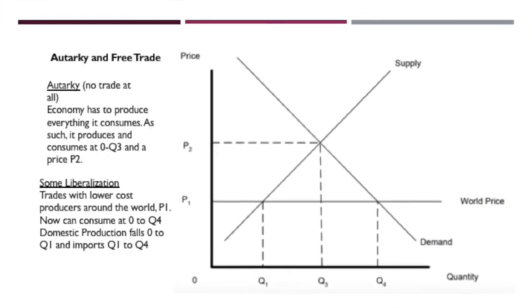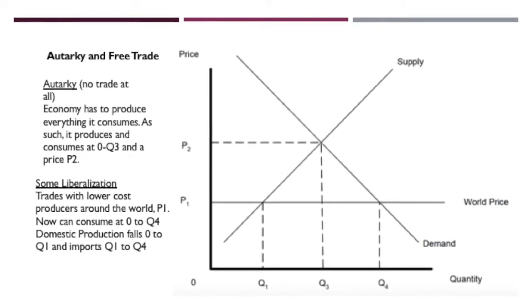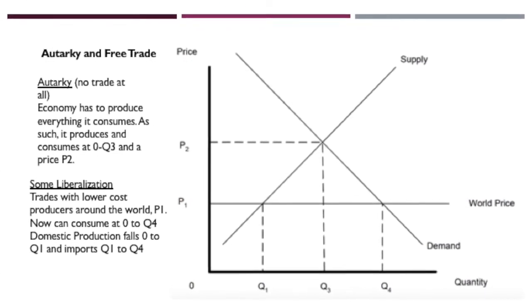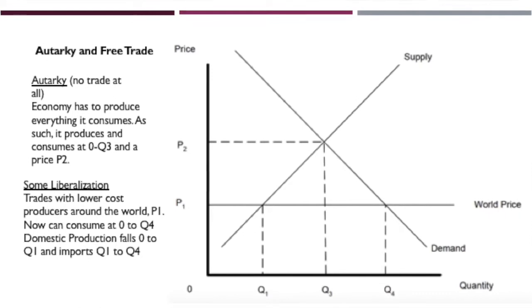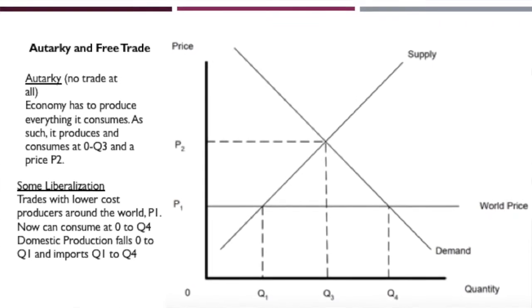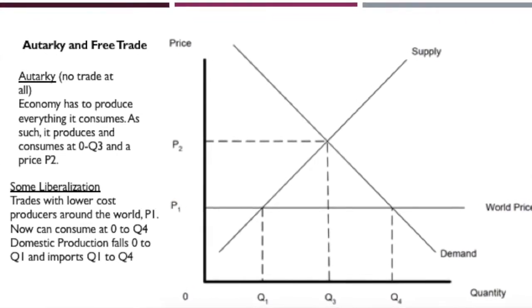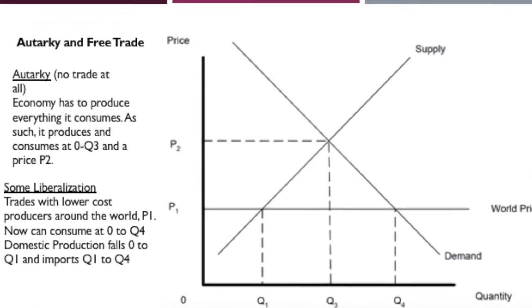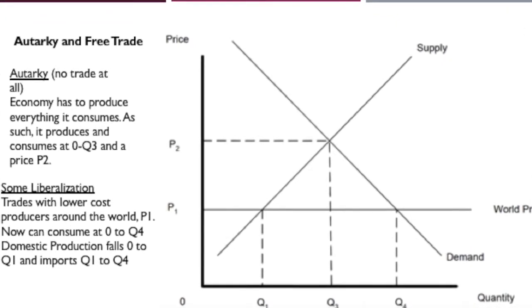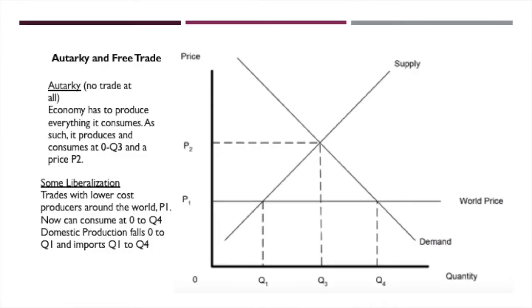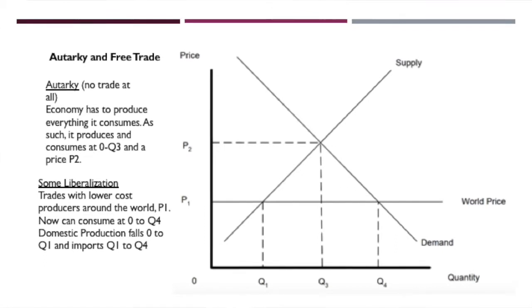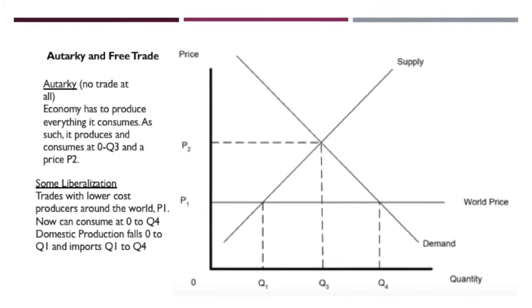Well, look at what happens for consumers, for example. Under autarky, domestic consumers were purchasing things at a high price, P2, and at a quantity of 0, the apex there, 0 to Q3 down at the bottom. Well, now under a world price, look what happens. You can see that consumers in our domestic economy are now consuming more stuff, 0 to Q4, right?